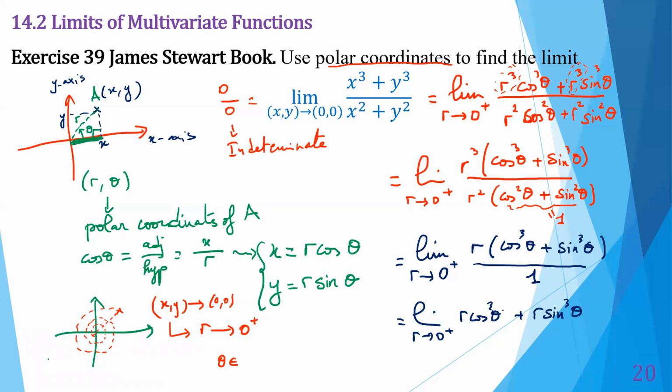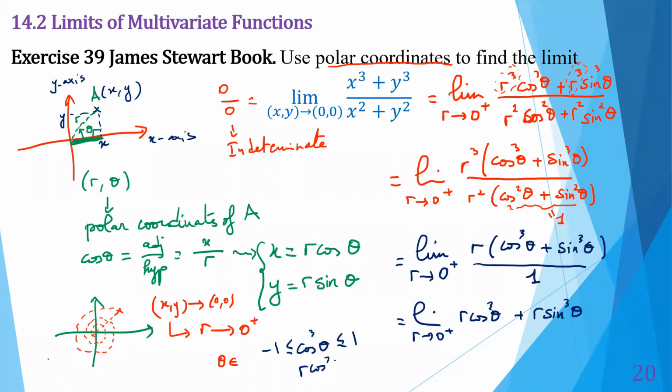Okay, so we converted our limit to polar coordinates, and we end up with this simplified form. So let's check now whether we can calculate this limit when r goes to 0. We know that cosine is a quantity between -1 and 1, and the same for cosine cubed.